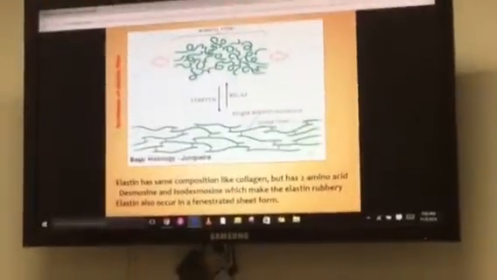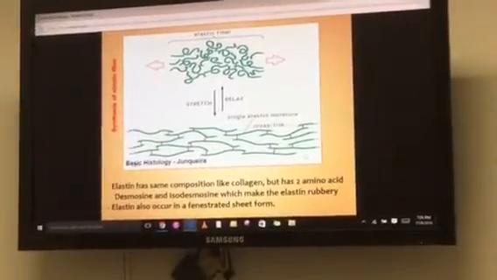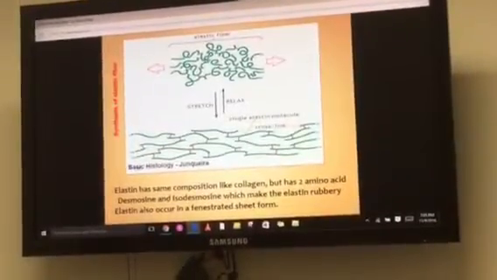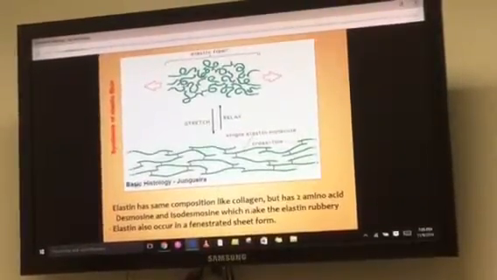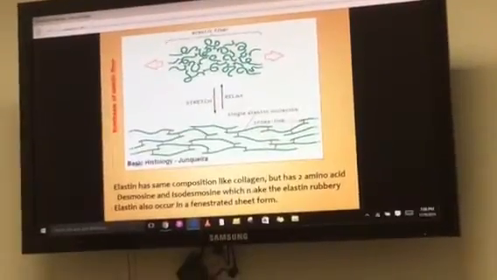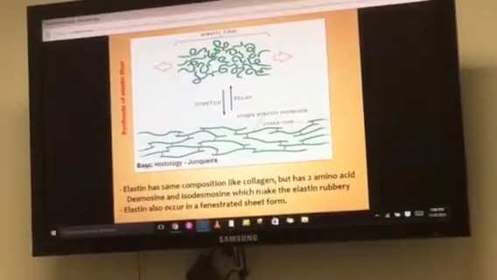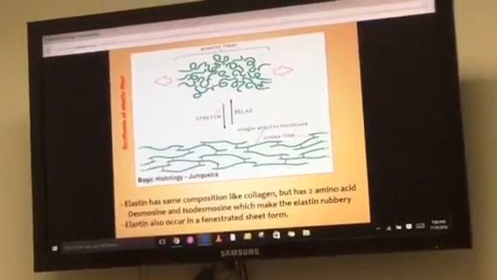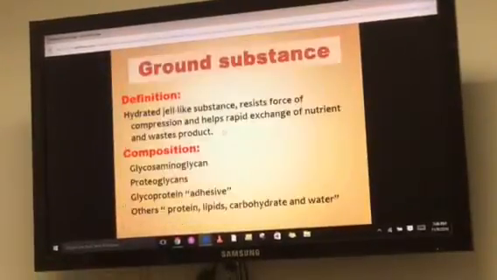Elastin has the same composition as collagen, but has two amino acids, desmosine and isodesmosine, which make the elastin rubbery. Elastin also occurs in a fenestrated sheet form.